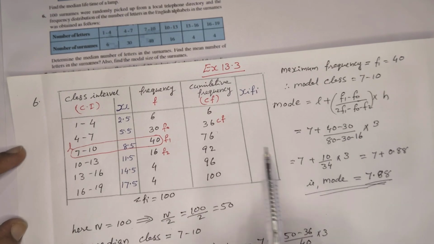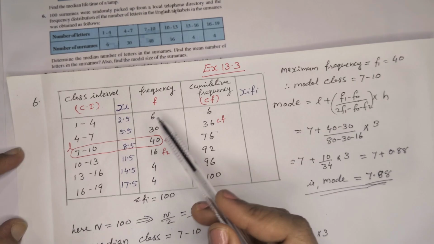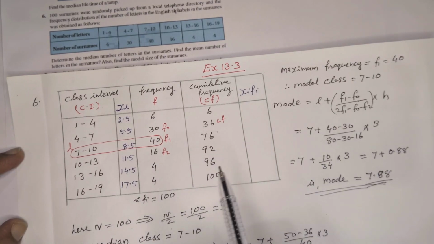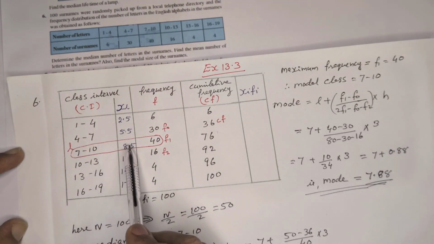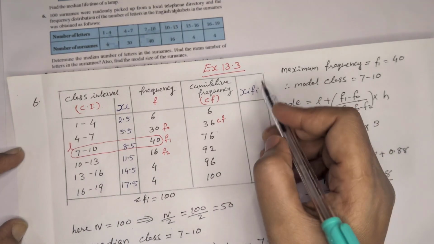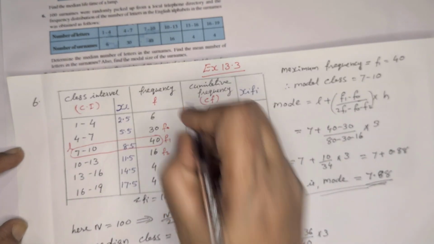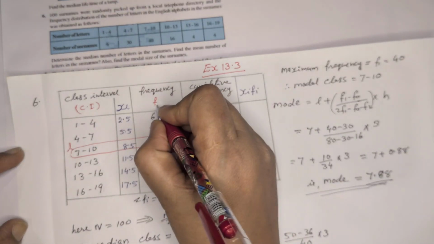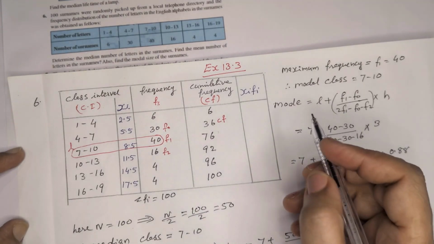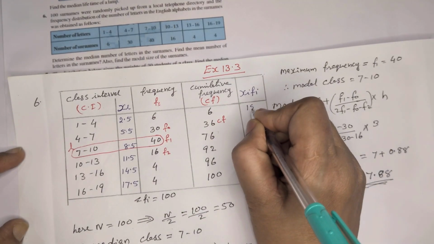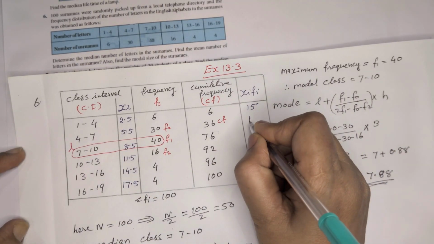Here we have to calculate the mean also. Small values in the data, small numbers, so we can do the mean by the direct method. xi are the midpoints 2.5, 5.5, 8.5, etc. Then fi xi for the direct method: 2.5 into 6, it will come 15. Then 5.5 into 30, 165.